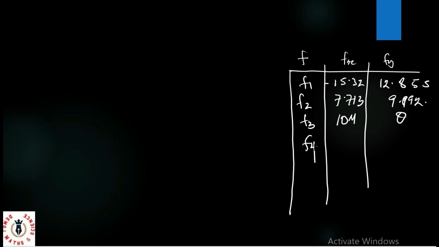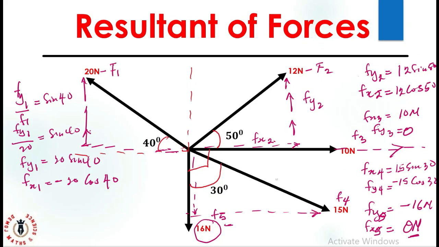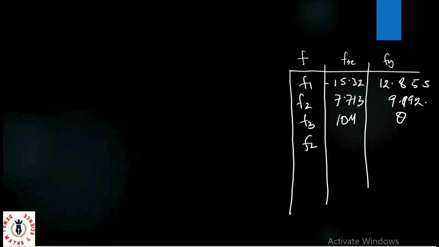Next is my F4. For my F4, I have 15 sine 30 for the x component, and the y component is minus 15 cos 30. Where so many students make mistakes is at the sign convention. Please note the sign. The x component for F4 will be 7.5 and minus 12.99.